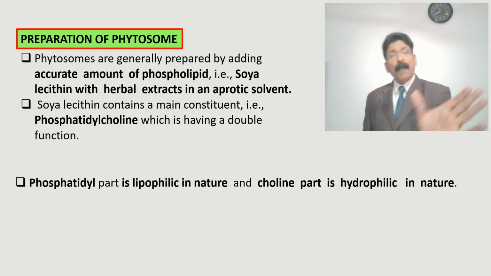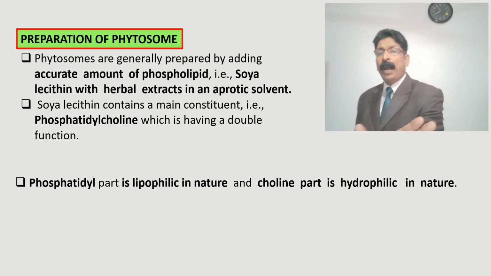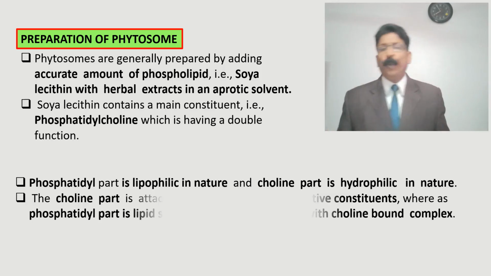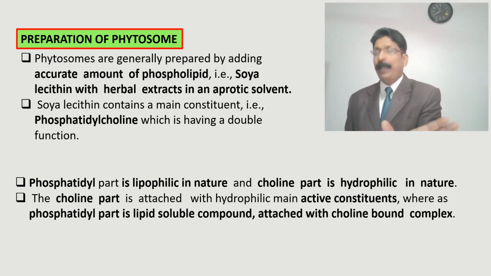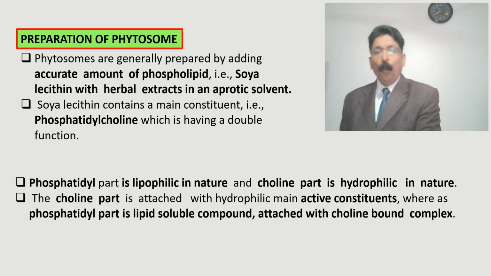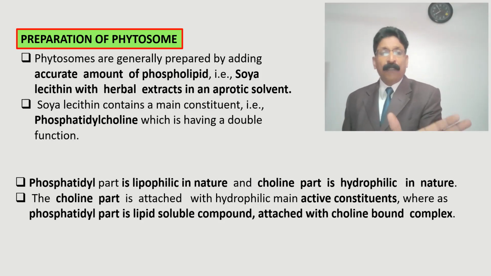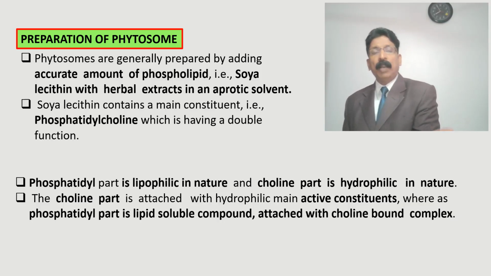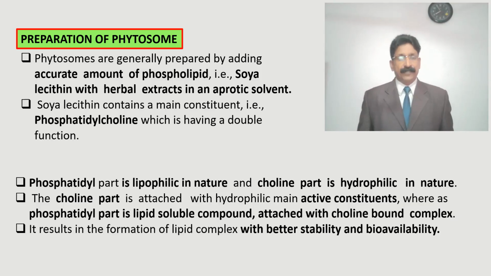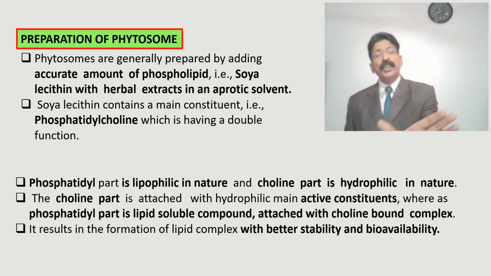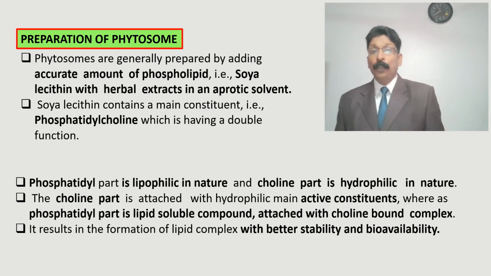The phosphatidyl part is lipophilic and the choline part is hydrophilic, as we know very well. The choline part is attached to the hydrophilic main active constituents, whereas the phosphatidyl part, the lipid-soluble part, is attached to the choline-bound complex. It results in the formation of a lipid complex with better solubility and bioavailability.